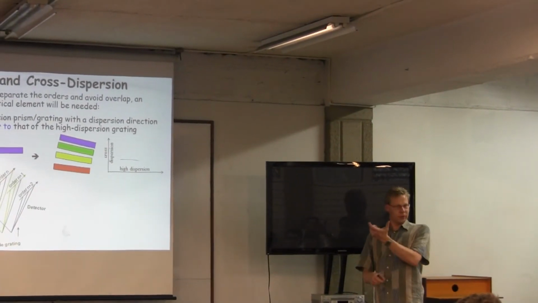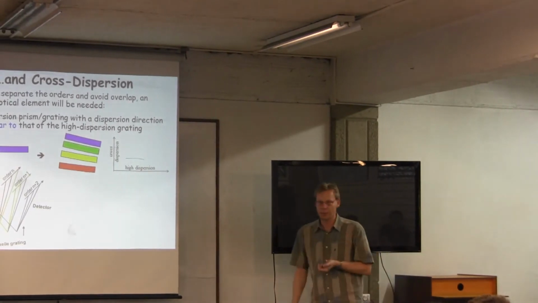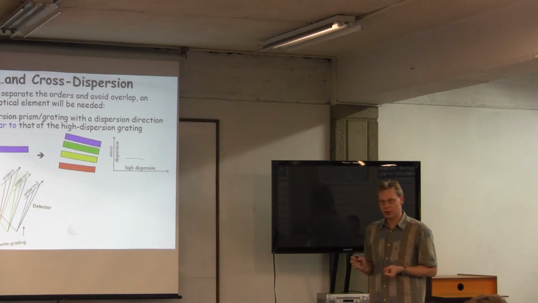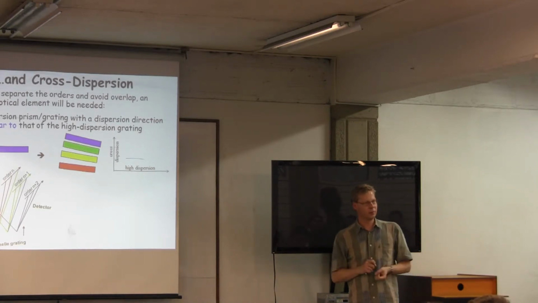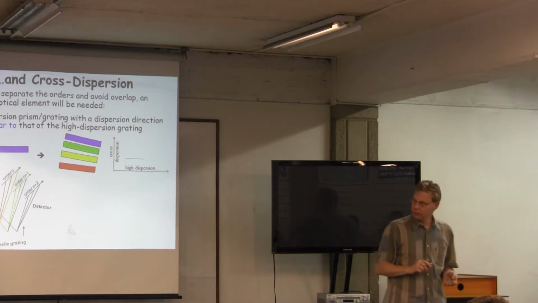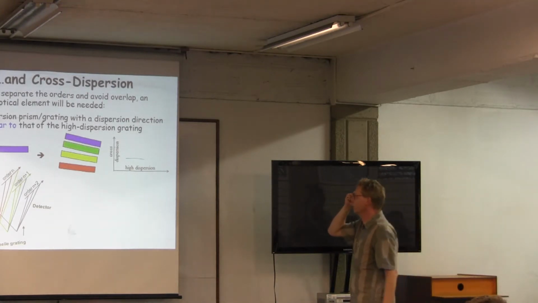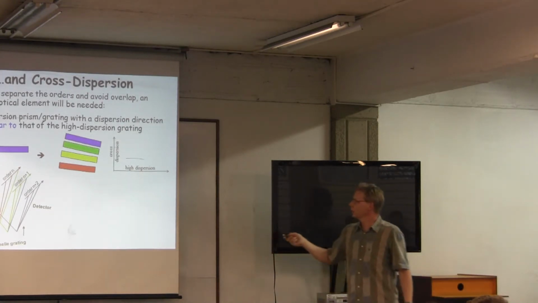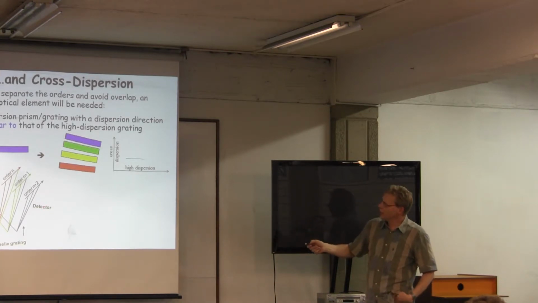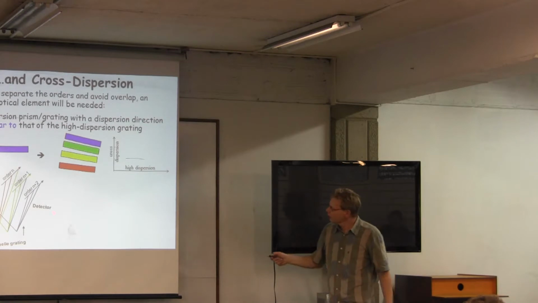So this is really just a few meters per second. And in order to see that tiny shift, you need to have extremely high spectral resolution. And then you need an echelle spectrograph. And in order to avoid that the orders overlap, one thing you can do is to use a pre-disperser.